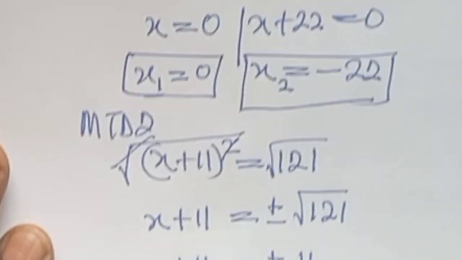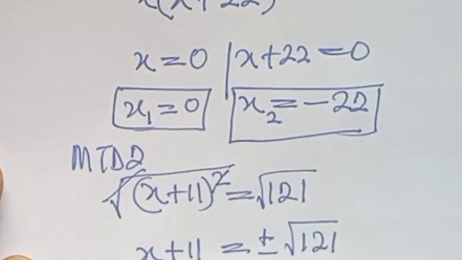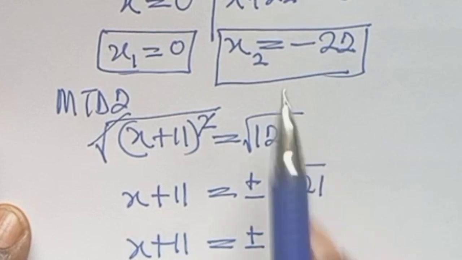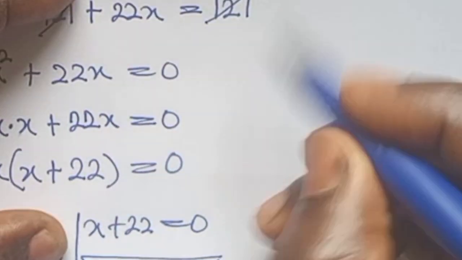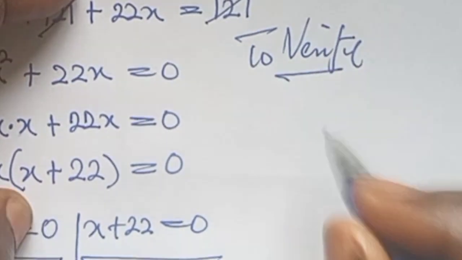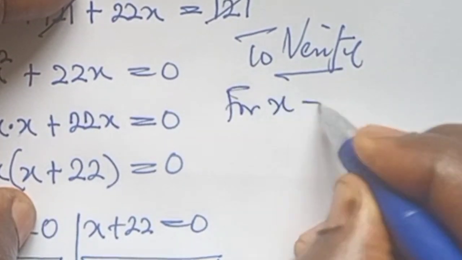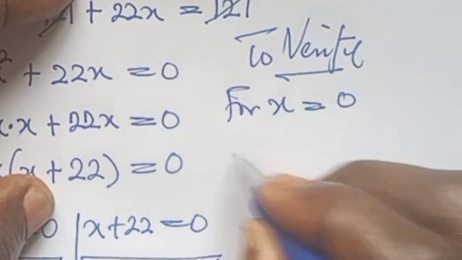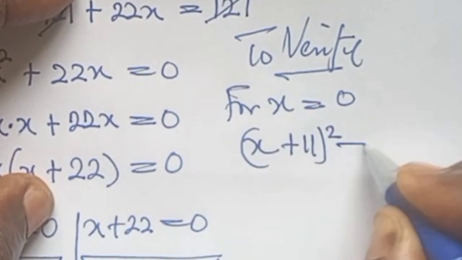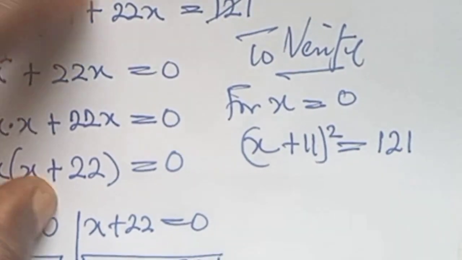So from the first method and second method, we had x1 equals 0 and x2 is minus 22. And to verify this, for x = 0, from our equation, (x + 11)^2 is given to be 121.